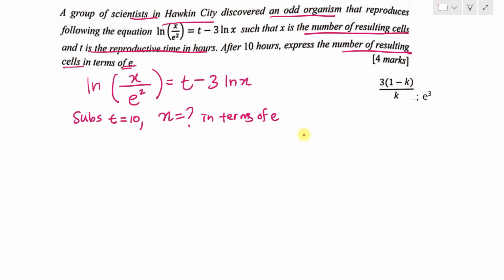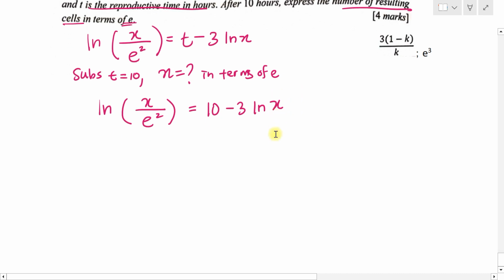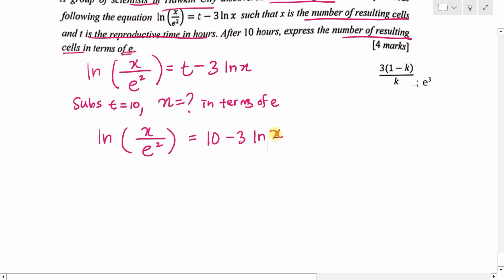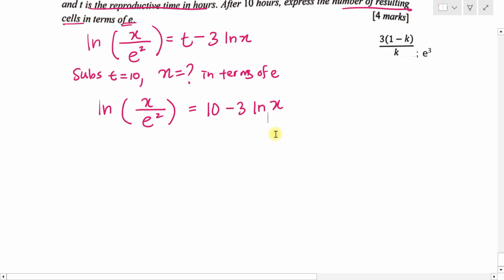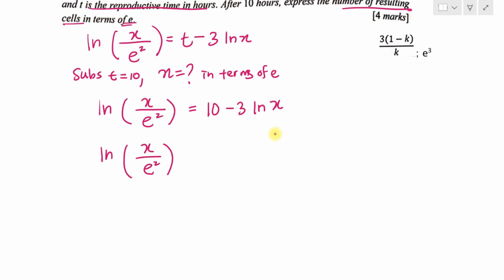Okay, now we just substitute the 10 and see. ln x over e square equal to, where's the t? Oh, t here. 10 minus 3 ln x. Now they want it in terms of e only. So what we can do is we bring the ln all one side. Minus become plus 3 ln x equals to 10.